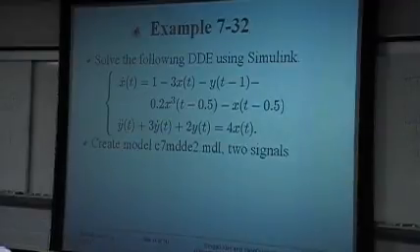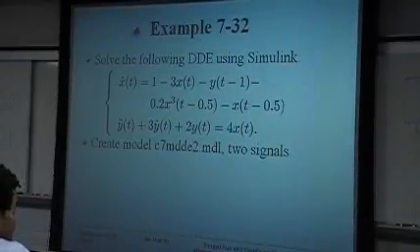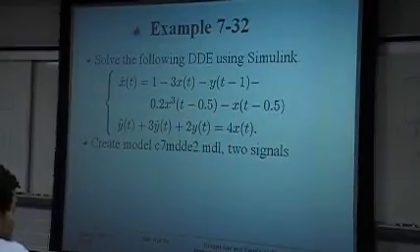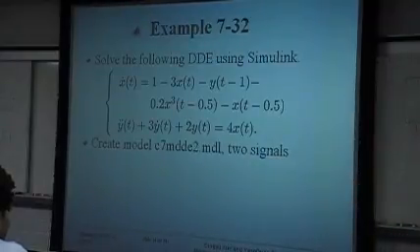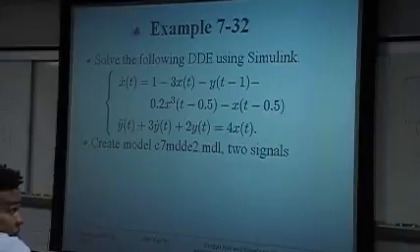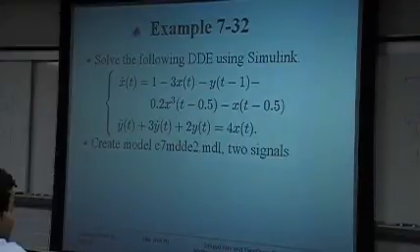We do not have to use this low-level description. So what we need to do is to put a transfer function here, with denominator s squared plus 3s plus 2, and the numerator is 4. So this one is x, this one is y. Once you have done it, you can link these two signals together because they are all equal to x.